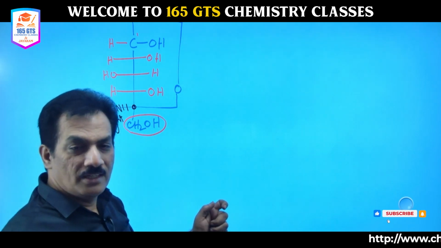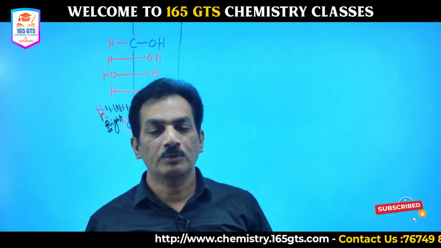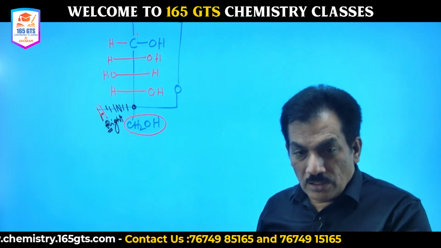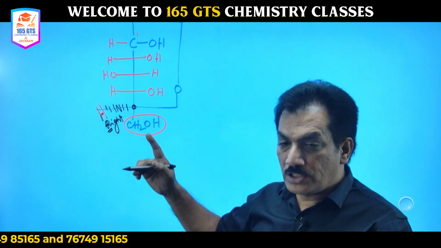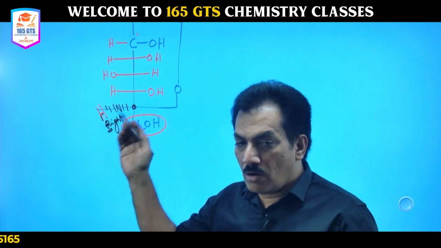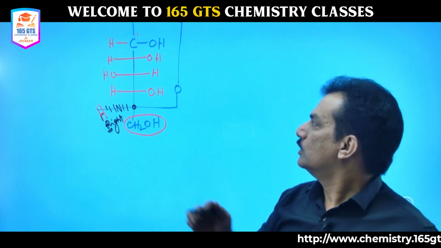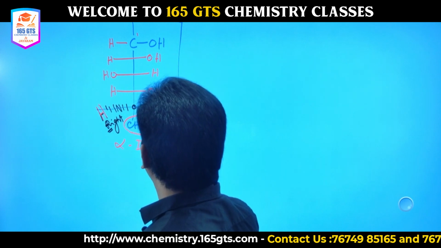Why is it said? Because just now we discussed that in the Fischer projection all the groups on the right side are represented below the ring. That is the reason why in D configurations you remember H is on the right side, and that should be below the ring. So this is alpha D glucose.